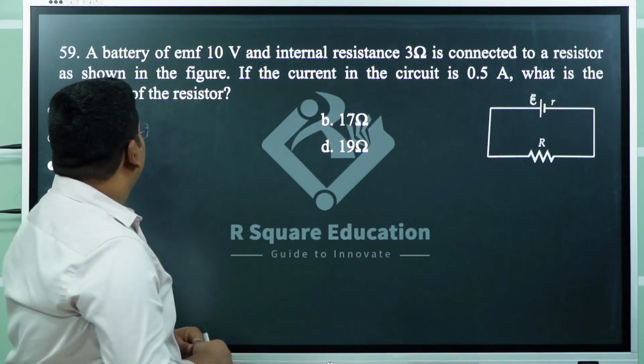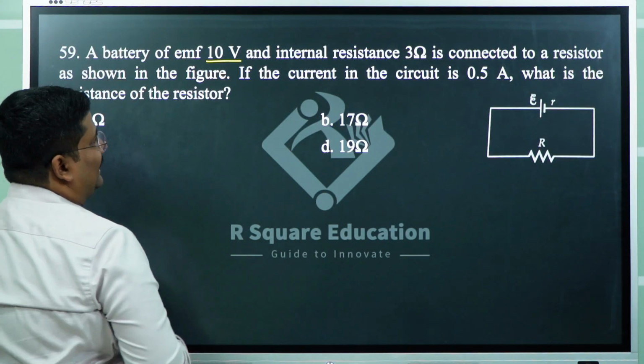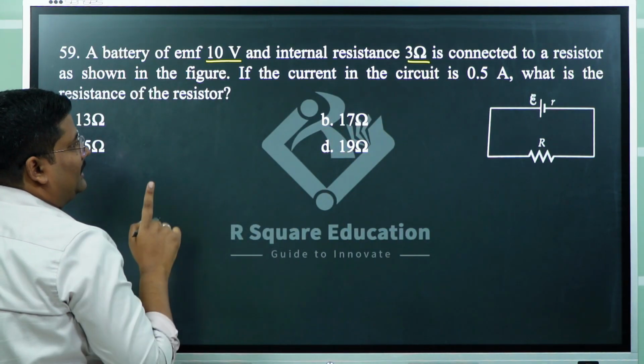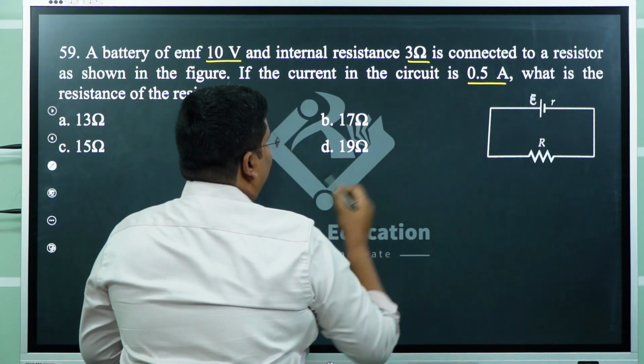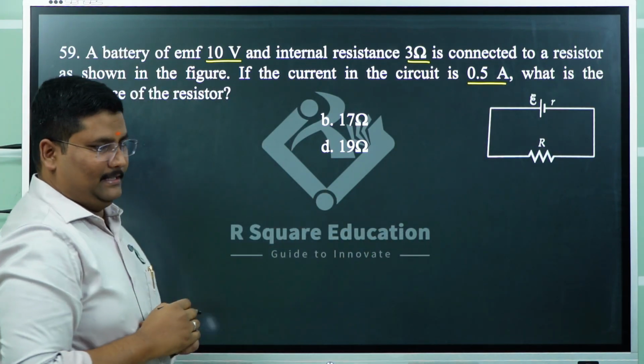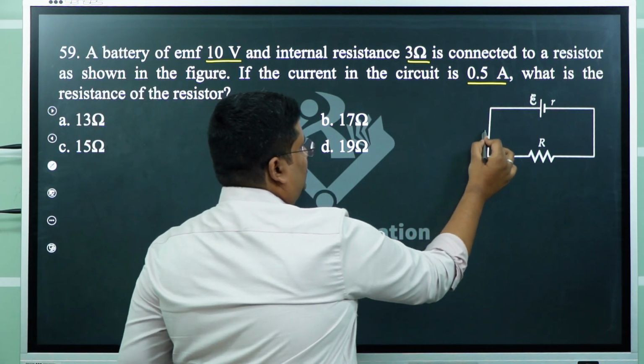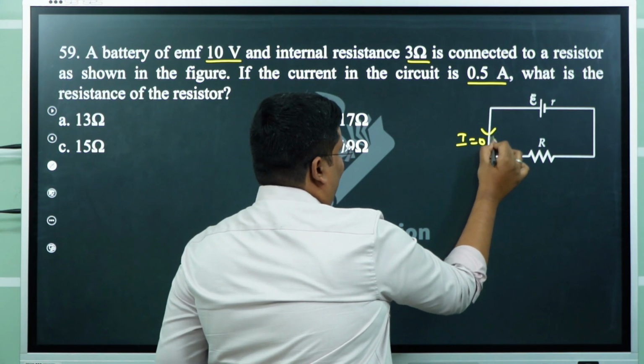See this question. A battery of EMF 10 volt and internal resistance 3 ohms is connected to a resistor as shown in the figure. If the current in the circuit is 0.5 amperes, what is the resistance of the resistor? They are asking us to find R, and they have given the current also, so I is equal to 0.5 amperes.